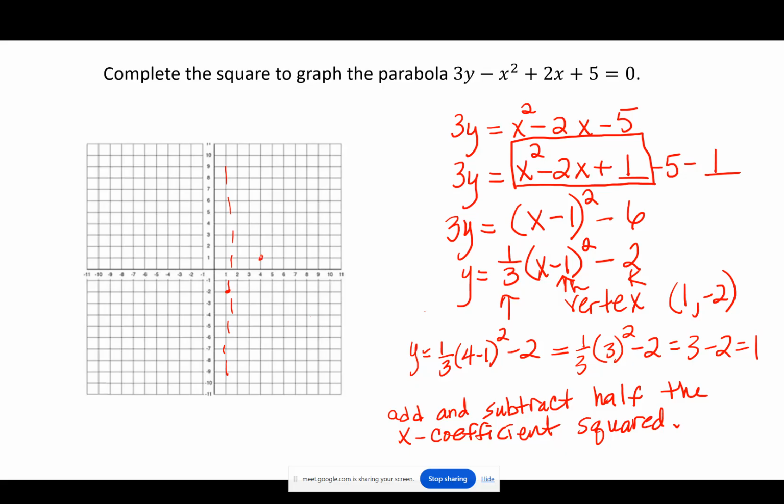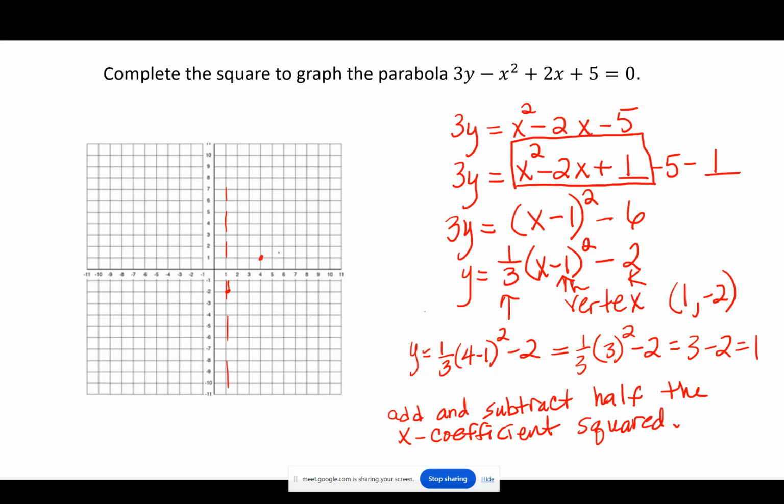So that's right there. And then I know this parabola is symmetric about the line x equals 1. My line is not very good here, so try to make that a little straighter. So this is my axis of symmetry, it goes right through the vertex.